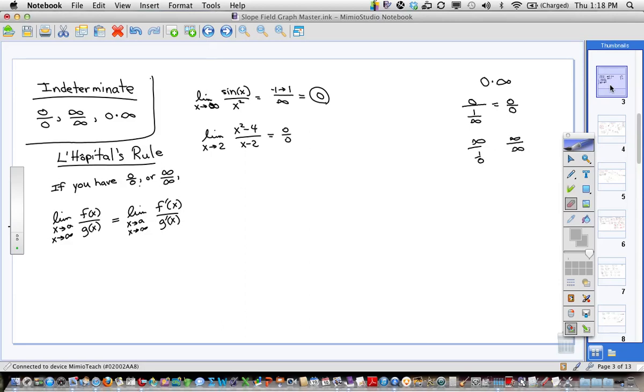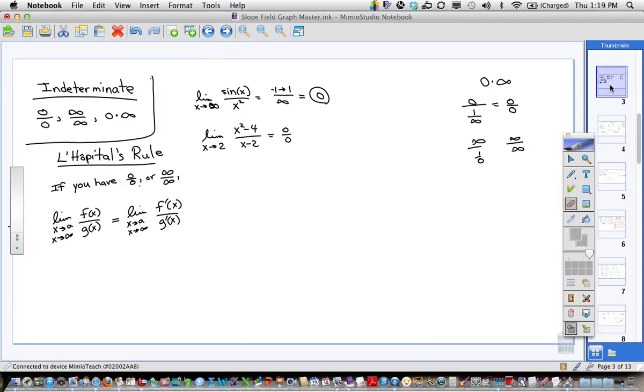Now, until we learned L'Hôpital's rule, we would do what here? We would have factored this and canceled it. We'd have gotten x plus 2 left. We'd have plugged in a 2 and got, no, wouldn't it be 4? Right? Because we'd have x plus 2, x minus 2. The x minus 2's would cancel. We'd have an x plus 2 left. We'd plug in a 2. 2 plus 2 is 4.